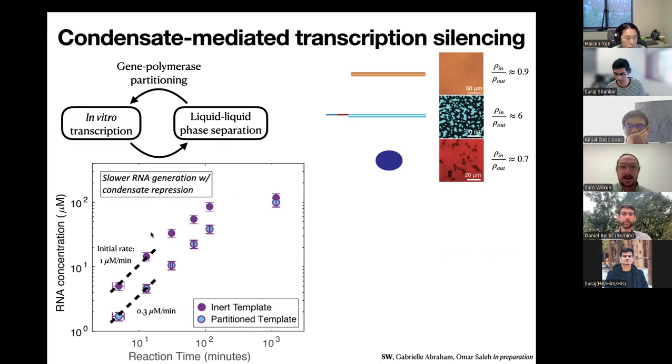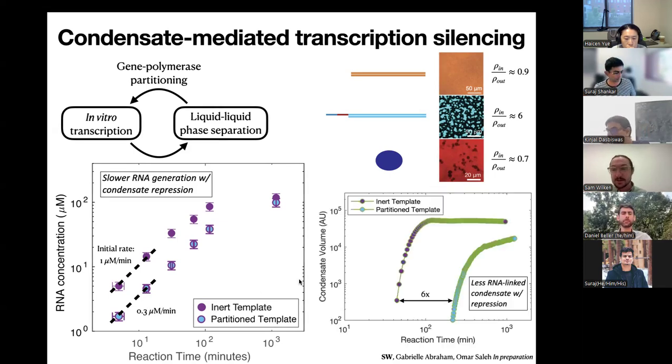So really, even though the droplets only take up about 5 percent or less of the total volume of the system, it's enough to suppress the transcription reaction by a meaningful amount. And we can also monitor the condensation dynamics, like I showed you before. And the condensation dynamics of this partitioned template is much slower than the inert template case.